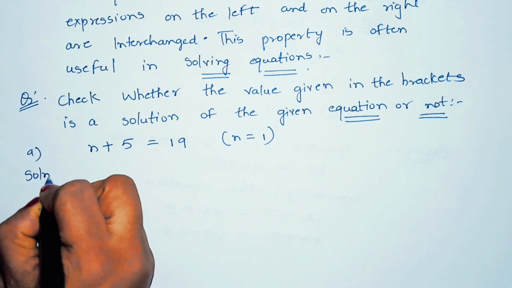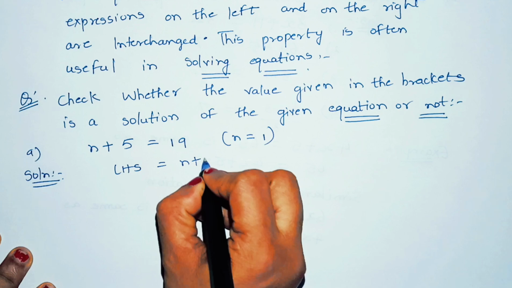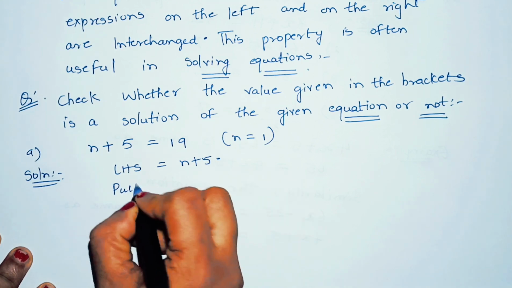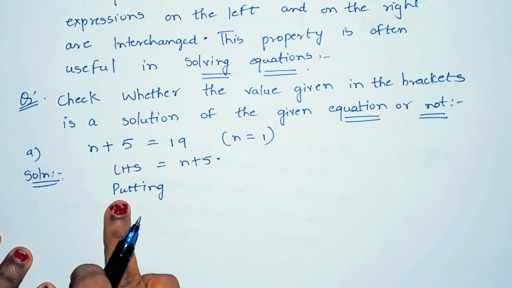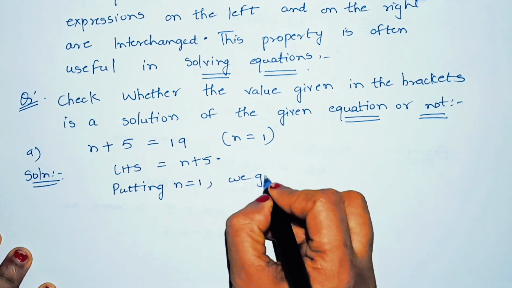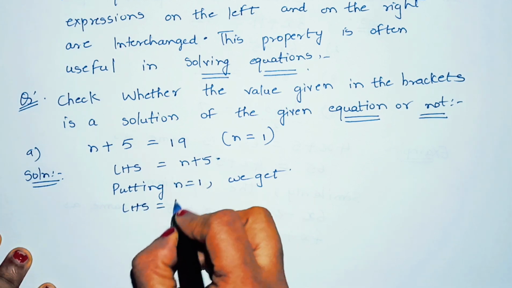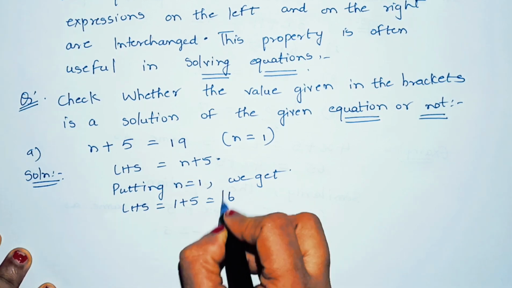Very easy method. Just see, consider LHS first, n plus 5. Now, instead of putting, you can write the word substituting. Substituting n is equal to 1, we get LHS: in place of n you can put 1, plus 5, which is equal to 6.